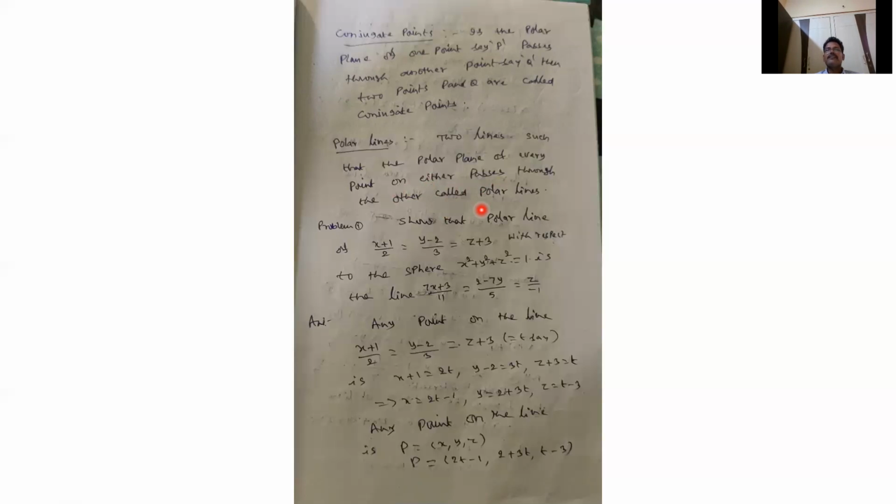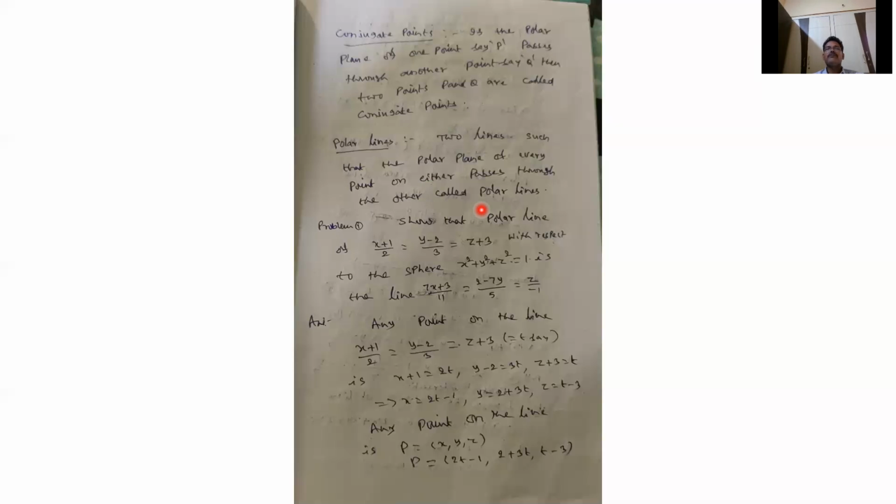They are called polar lines if the polar plane of every point on one line, say L1, passes through the other line L2.